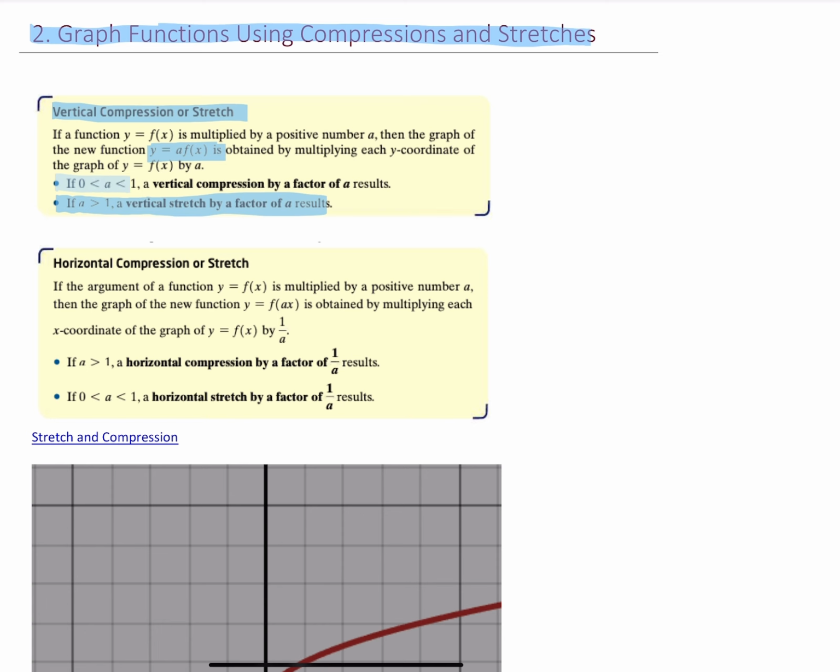And if a is a fraction, that means we're dividing, so we get a compression. It'll be squashed or stretched depending on what a looks like. And just to look ahead, the sign of a also does something: if a is negative, it will cause a reflection across the x-axis.